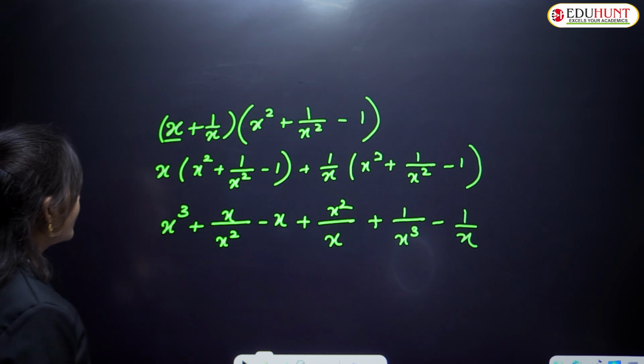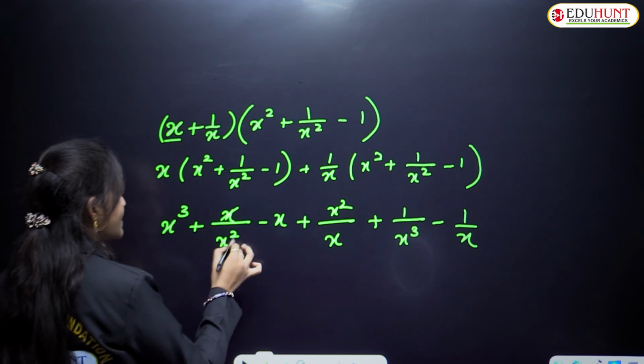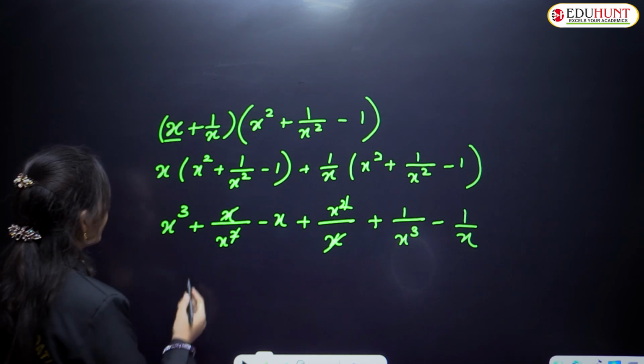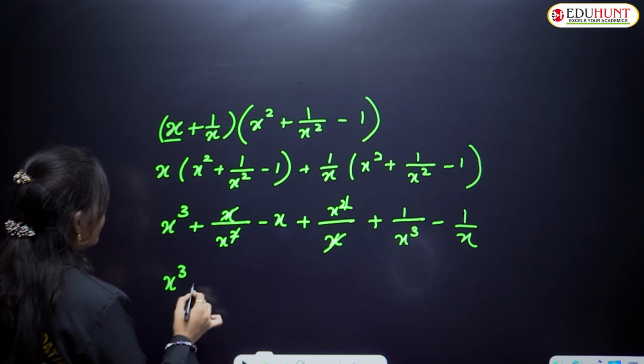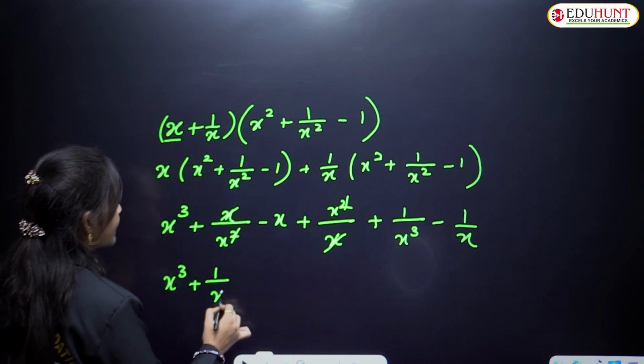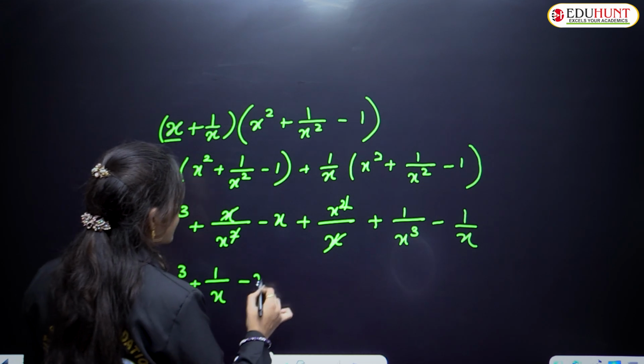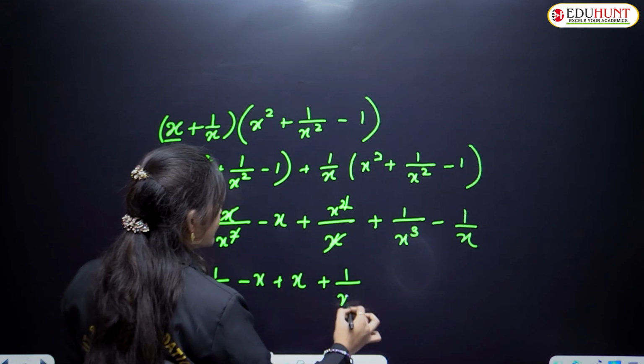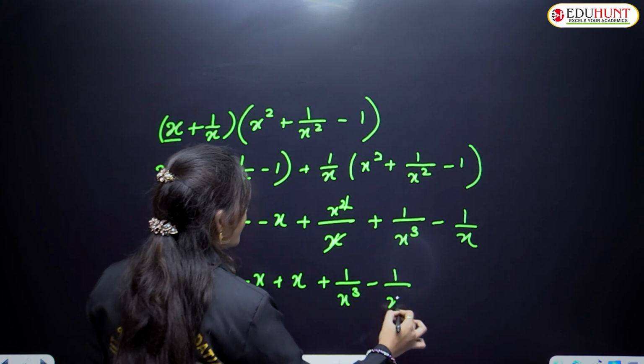Any cancellations? Yes, x one time gets cancelled, here also x one time gets cancelled. Next, x cube plus 1 by x minus x plus x plus 1 by x cube minus 1 by x.